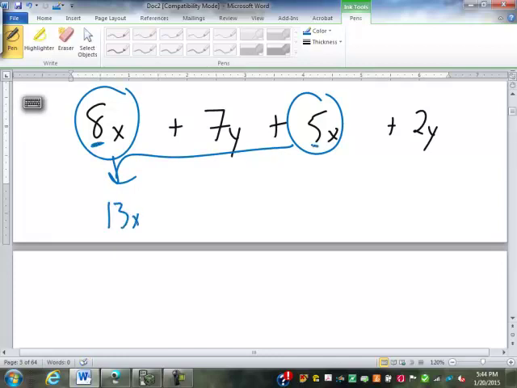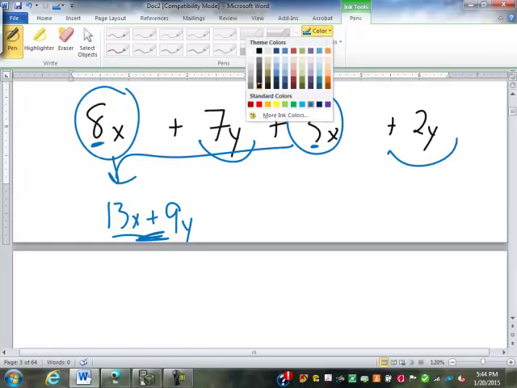We combine the counts, 8 and 5 is 13, and we keep the same name of x. Anything else we can combine? 7y and 2y is 9y. Now, we have to have something that links these digits together. Since that's a positive 9y, we put a plus in front of it. So it's 13x plus 9y.